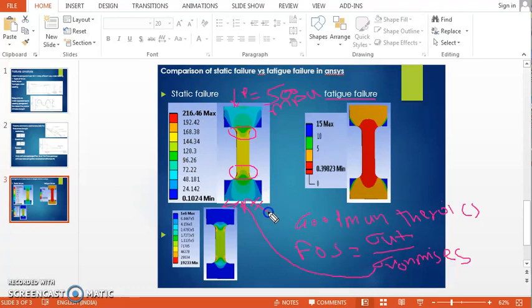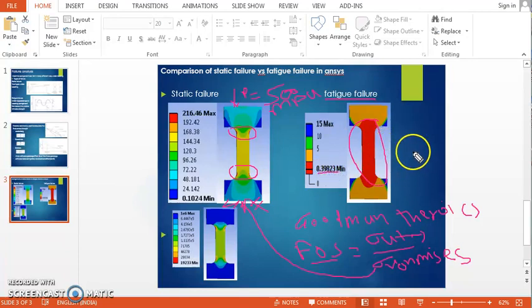From this static failure, and now when we calculate, and we know this value as we have taken some material for the I section, then we get a factor of safety. As you can see that the factor of safety is very less in this portion, that is nearly about 0.39823.